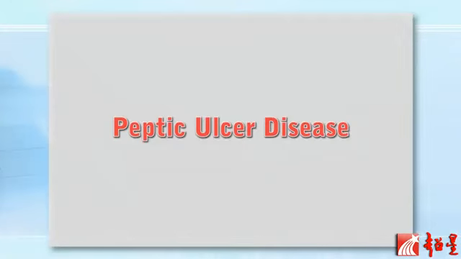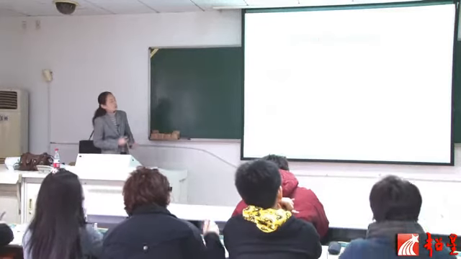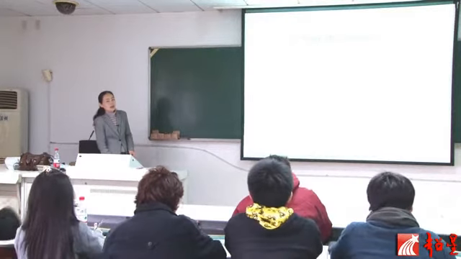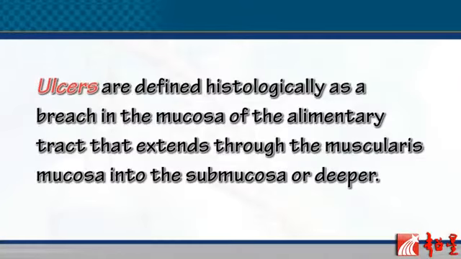And the second, we will introduce peptic ulcer. So these are different concepts, ulcer and erosion. Ulcers are defined histologically as a breach in the mucosa of the alimentary tract that extends through the muscularis mucosa into the submucosa or deeper.